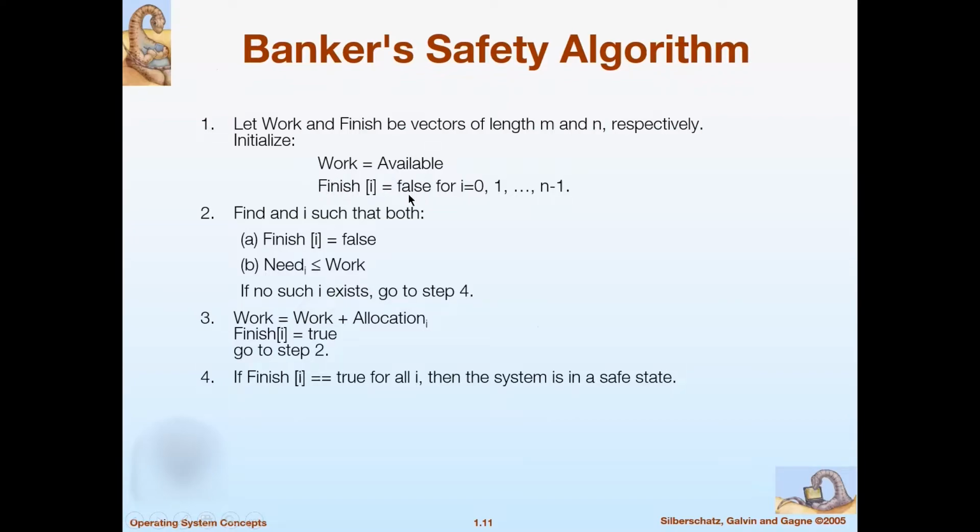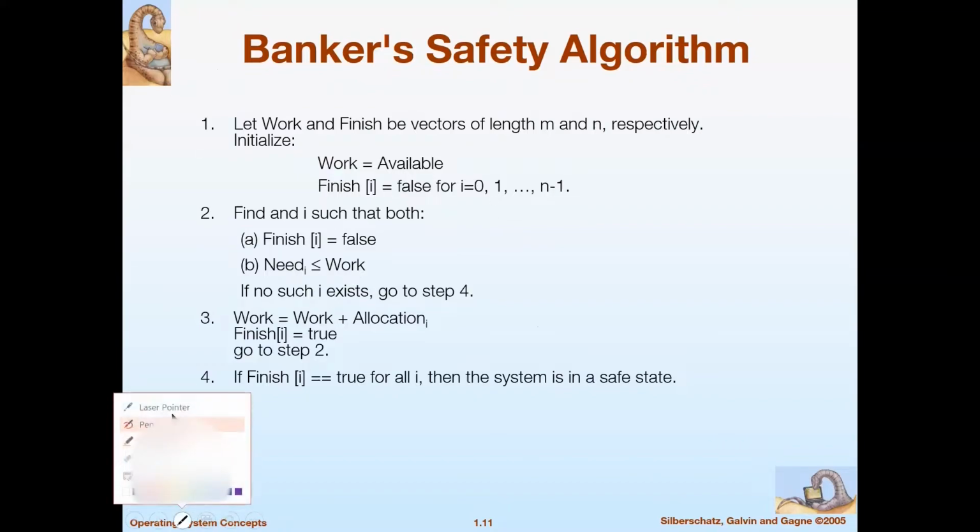All the components of Finish are initialized to false. Then the algorithm works like this. You find a process i for which Finish[i] is equal to false and Need i is less than or equal to Work. Here Work is initialized as Available.